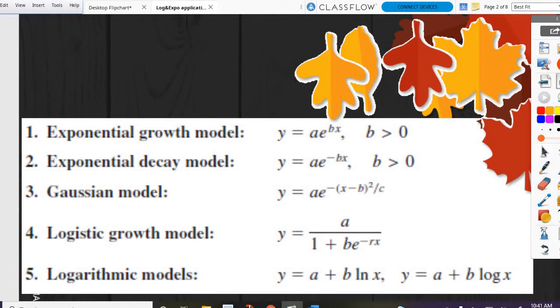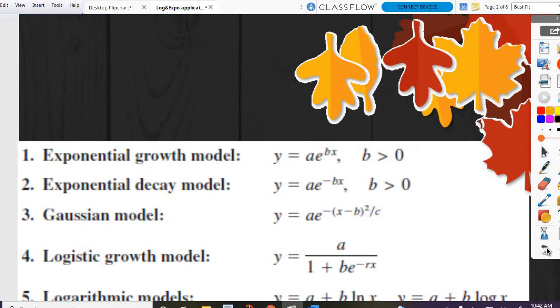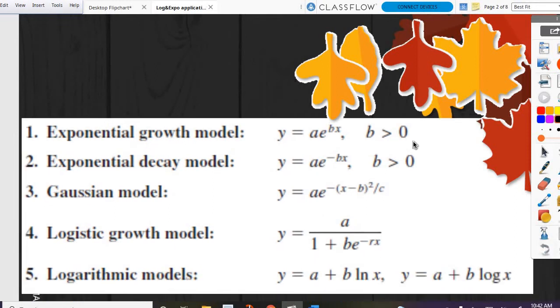So what would a situation be that would do exponential growth? Probably not population. Bacteria growth would be a good one, or COVID cases in the first few months. Both of those would work.